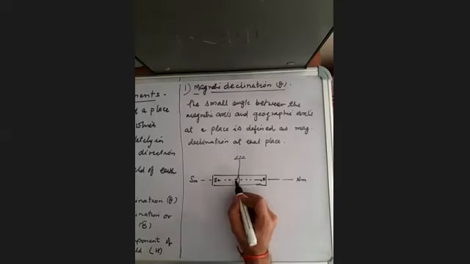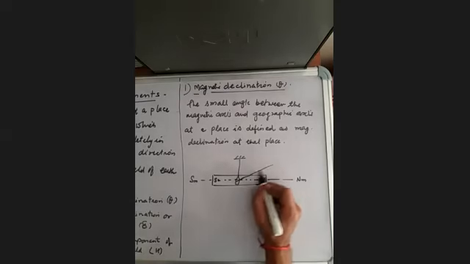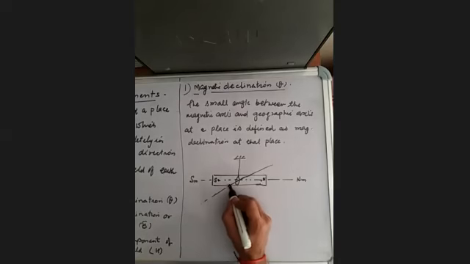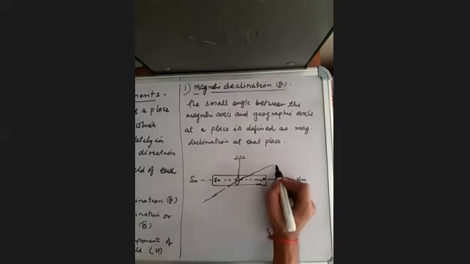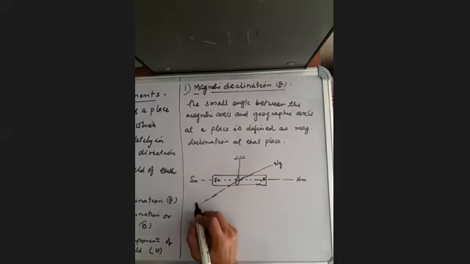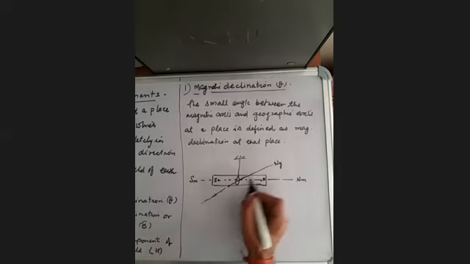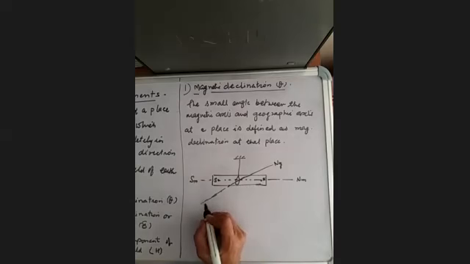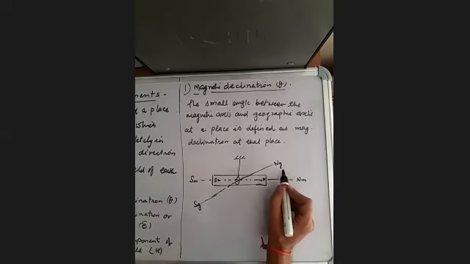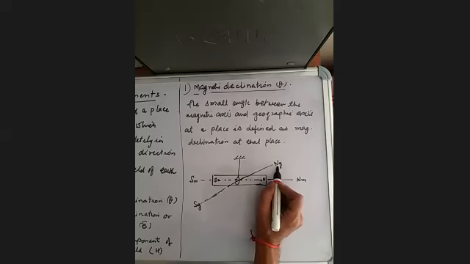But actually the geographic north and geographic south directions are different. So this is the geographic axis of the Earth. Okay, so that means there is a deviation of the magnetic north from the geographic north. So magnetic north is not pointing exactly towards the geographic north.